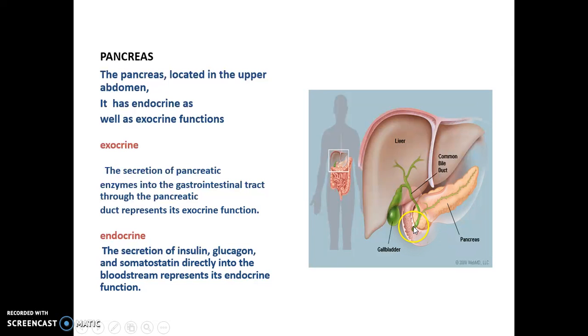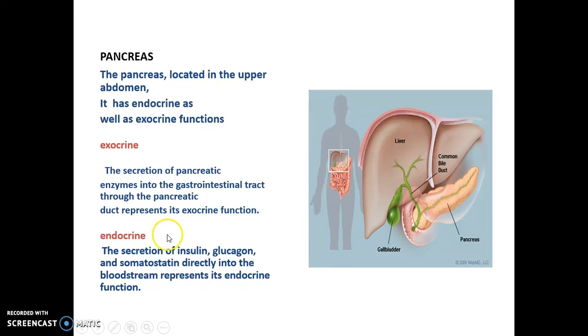Through this pancreatic duct, the pancreas secretes enzymes, mainly digestive enzymes. This part is called the exocrine function.